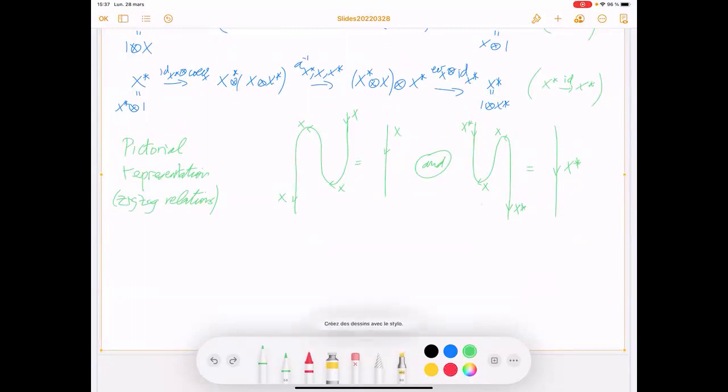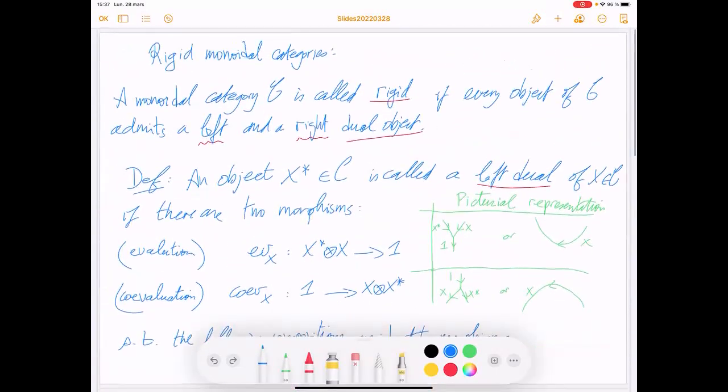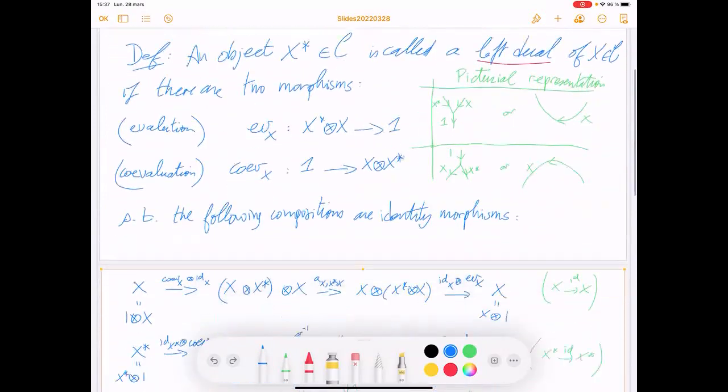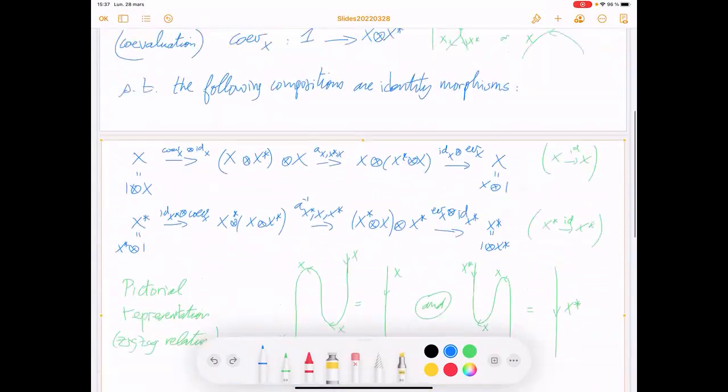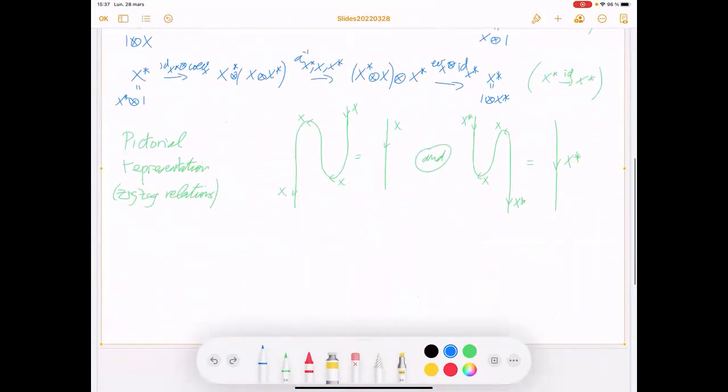so you can do the same. As I said, to be rigid, you need to have a left and right dual. So for the right dual, this is similar. I will not recall here. You should go to the last semester material.